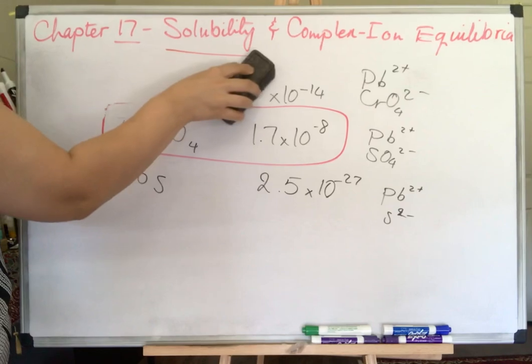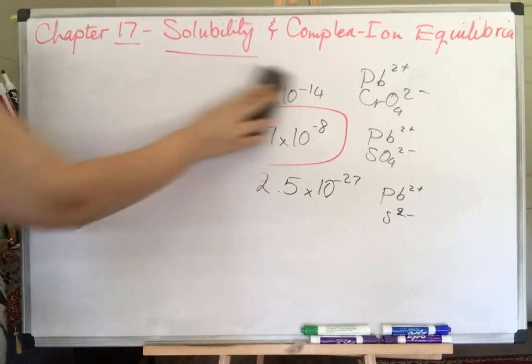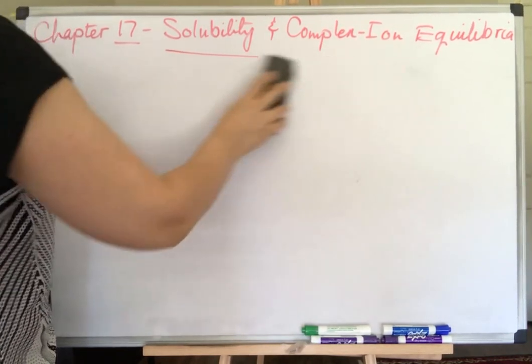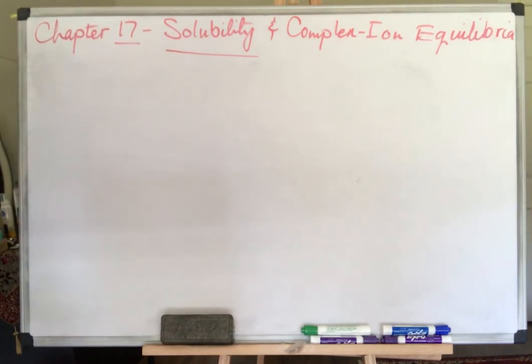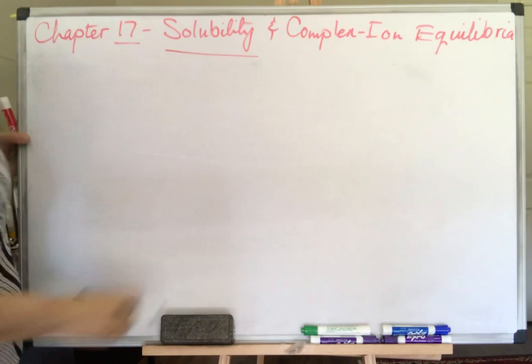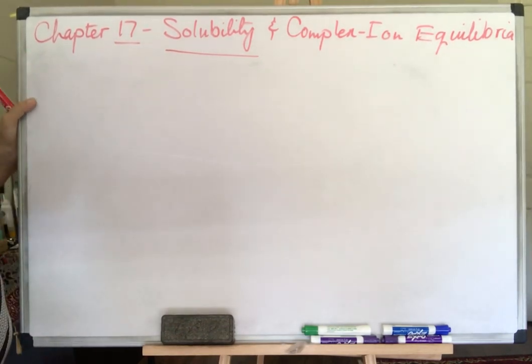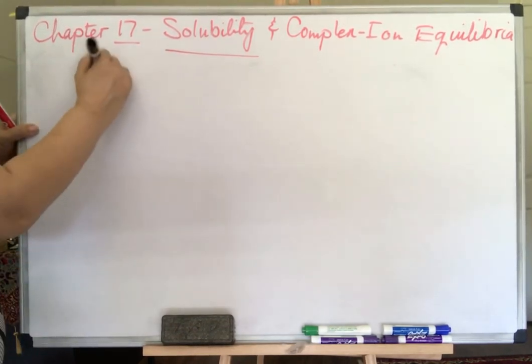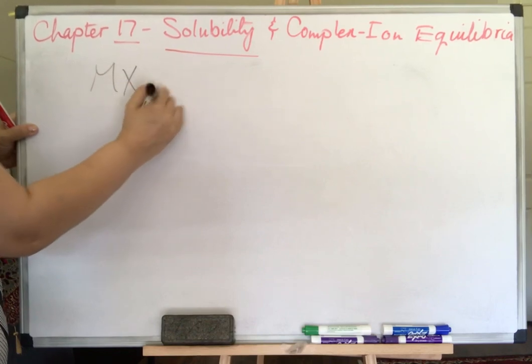The next thing you need to know is what happens if you have a common ion in the solution. You remember the common ion from the previous chapter, when you have one of the components in the mixture as extra from the other substance.